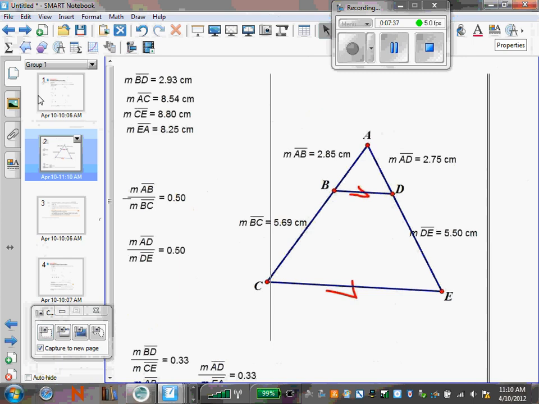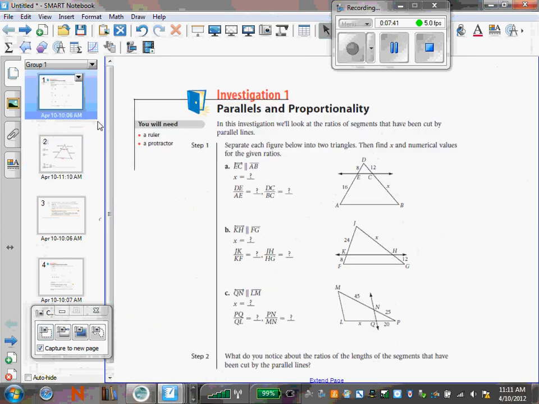Okay, so let's go back to that first investigation. Here is a picture where you're given EC parallel to AB. They want you to solve for X. So we now know that the lengths DE over EA will be in the same ratio as DC over CB.